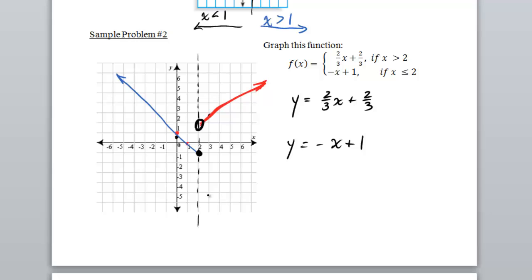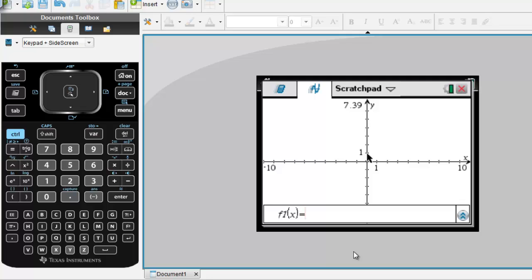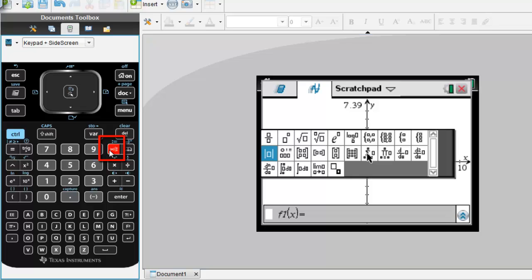I'm going to finish this by showing you how to do this on the calculator. Okay, so let's take a look at our calculator function. To graph a piecewise function on our calculator, look here to the right of number 9, and we have this little button where we have a number of templates that we can use.